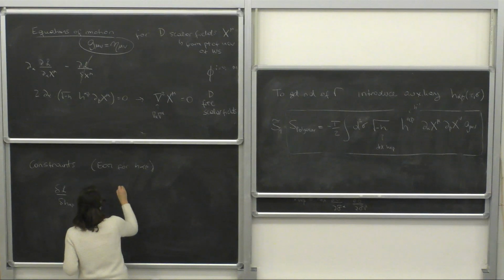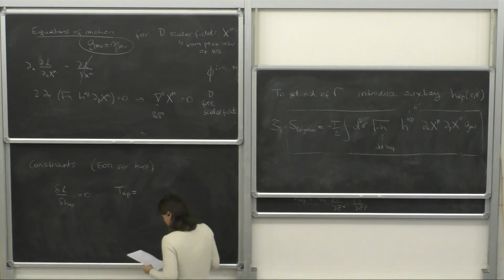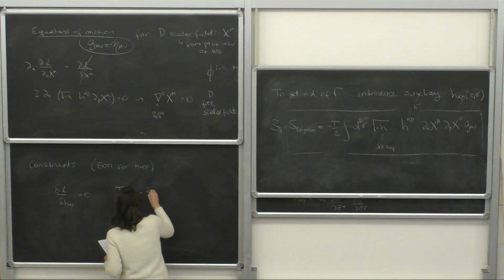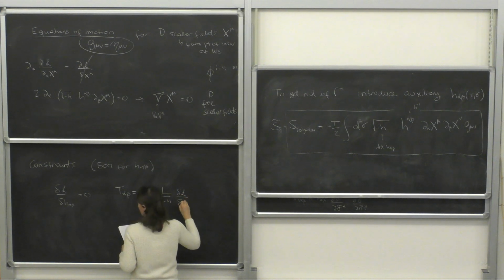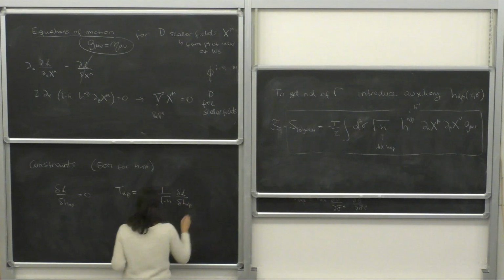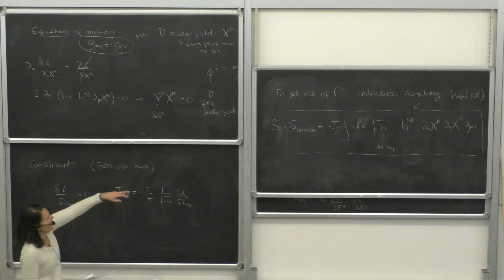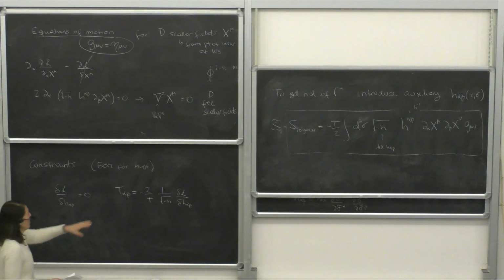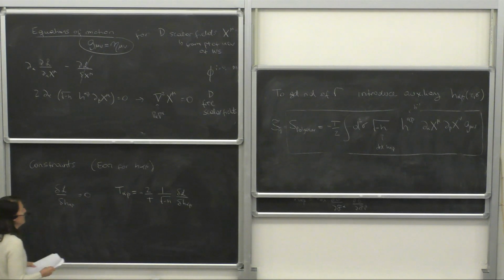From this derivative, let's define the energy momentum tensor. When you do the derivative of the Lagrangian with respect to H alpha beta, you get a factor of minus T over 2, and a factor of square root of minus H, all to get rid of that.